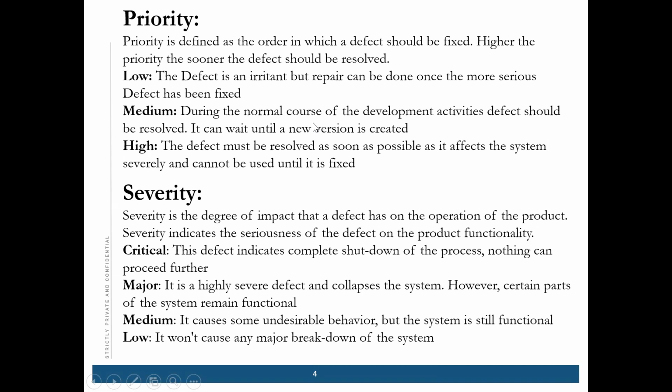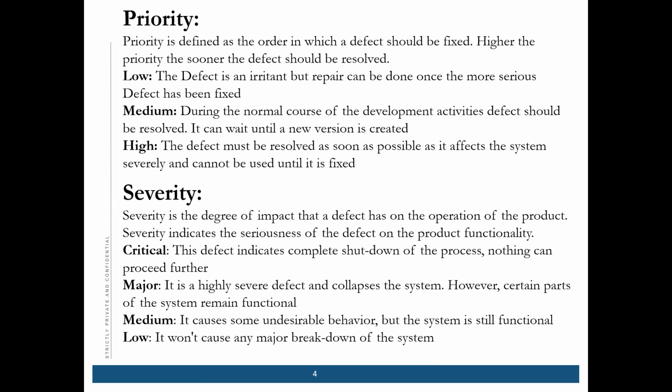Medium is during the normal course of development activity, a defect should be resolved, and it can wait until the new version. What does new version mean? Anyone know? Like in Agile, you have a sprint of 15 days, so in the next cycle, probably.